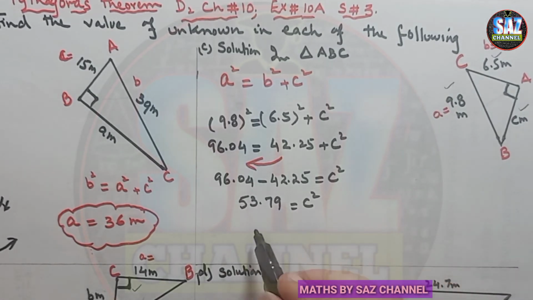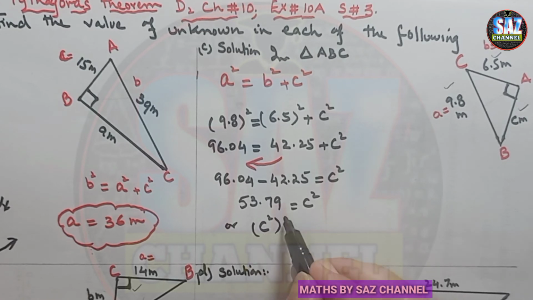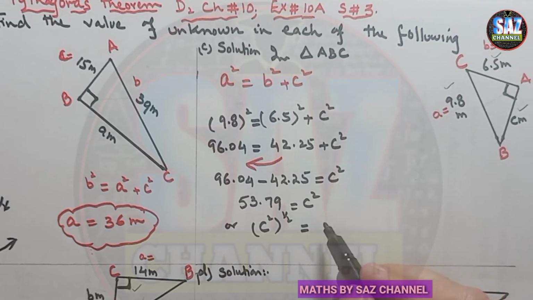And now what I have to do is take the square root on both sides in order to get the value of c, which is the unknown of the question.